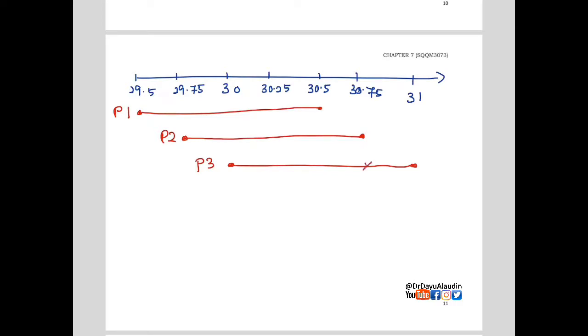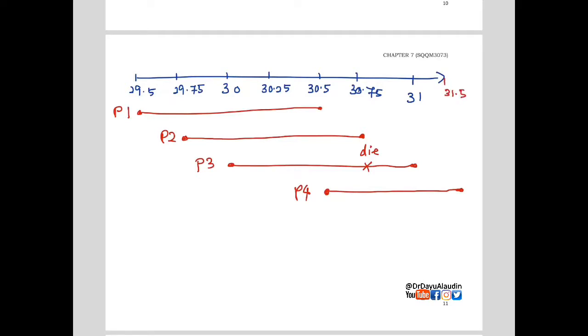However, he died at 30.75. Person 4 from 30.5 to 31.5. So after the interval, somewhere here.